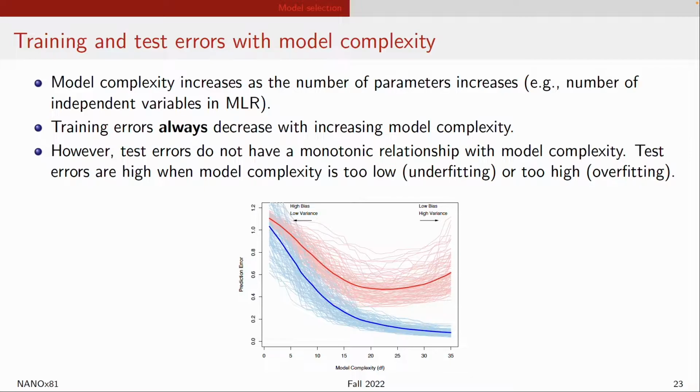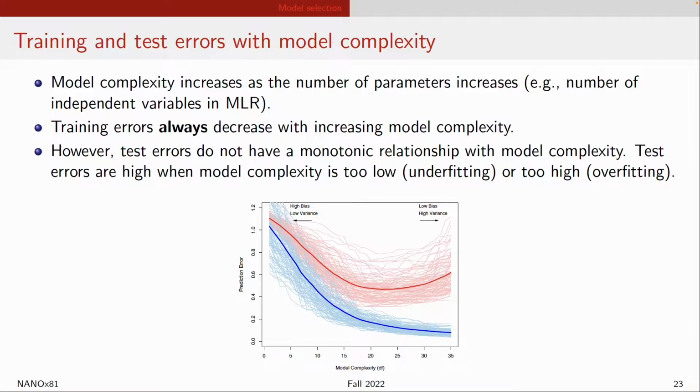If you think about our multiple linear regression model, let's say instead of having just the melting point, boiling point, electronegativity, atomic radius, and atomic number, I suddenly add another 10 variables to my equation, say the atomic mass or a lot more variables. My training error will always decrease. It will either decrease or stay the same. You will not get an increase in your training error if you add more variables to your linear regression model.